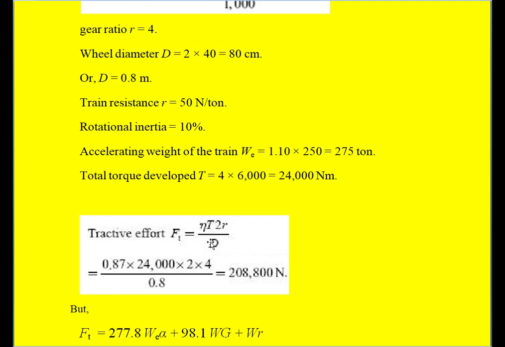Ft is equal to eta capital T gamma divided by D. The efficiency is 87%, that means 0.87, into the torque we just calculated, 24,000 Newton meters, and the gear ratio is given as 4, and this D is 0.8 meters. Once we simplify this equation, we get 2,08,800 newtons.